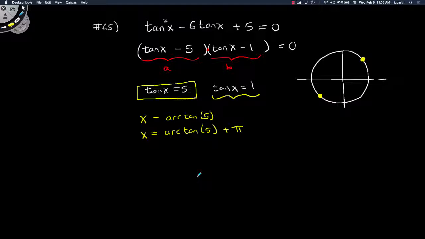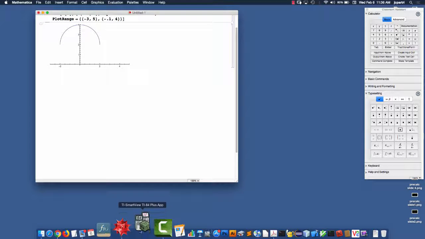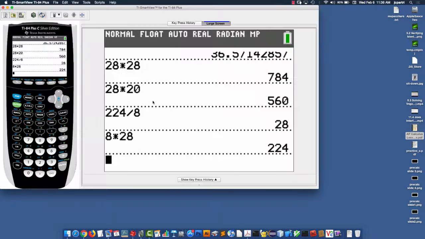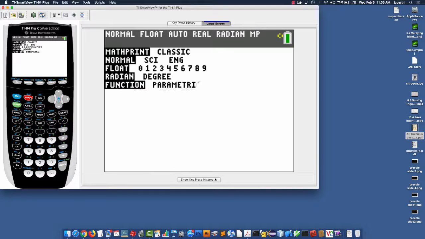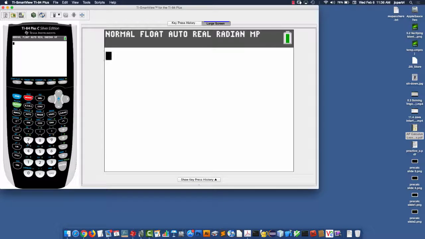Wait, wait, wait. You can't just add pi in. What is pi divided by 2?